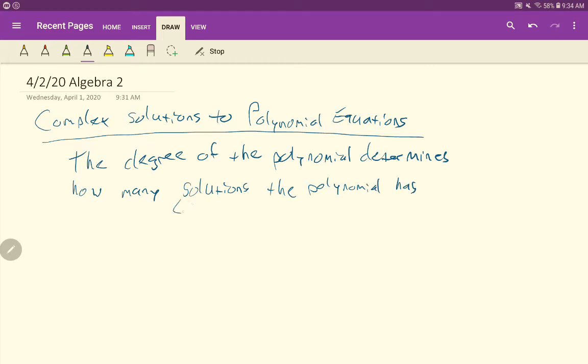Okay, these solutions can be real or imaginary. So understand that too. They could have i or they could not have i. Okay, so that's a fundamental thing.